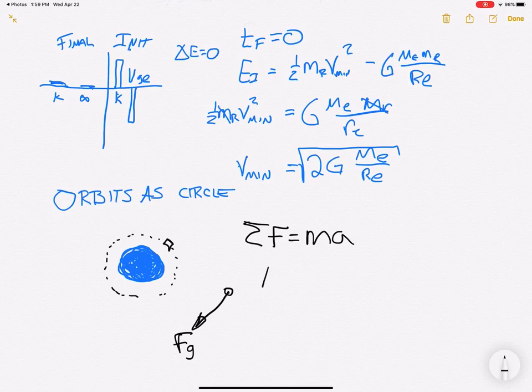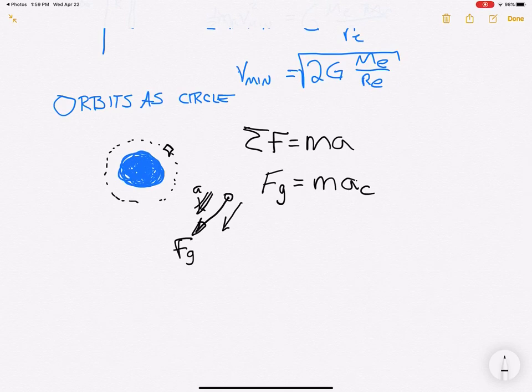So the force of gravity is equal to mass times a center-pointing acceleration.